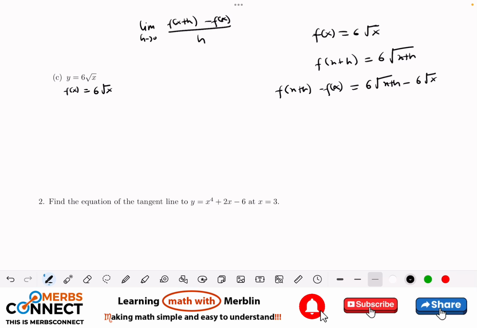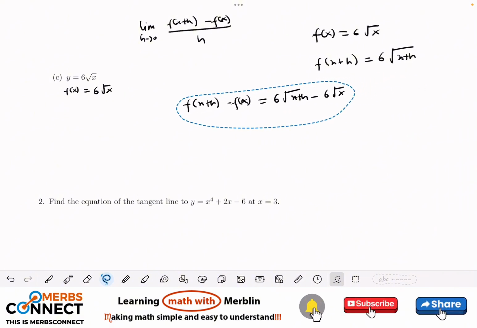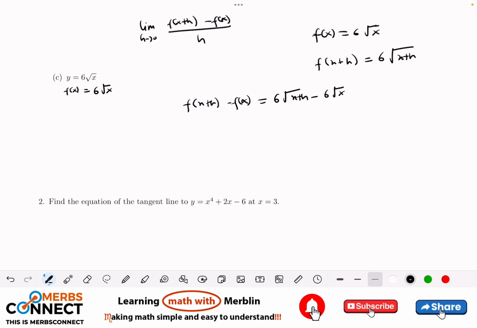Can we simplify this? Yes, we can simplify this. Somebody is like, how? Look at how I'm going to simplify this. I'm going to write this one as 6 root of x plus h minus 6 root of x times.